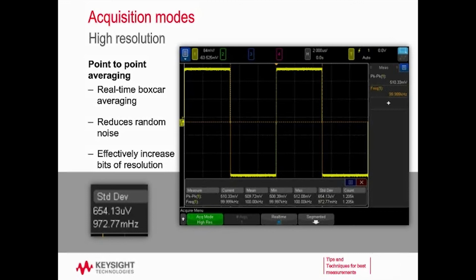For the frequency measurement, this standard deviation is about 972 millihertz. And if you think back to when we were measuring that 100 kilohertz clock signal in normal mode, we were getting about a standard deviation of 1.5 hertz. So using high resolution mode gives me about a 35% lower standard deviation on my frequency measurement. So high resolution mode can be a very useful tool for making measurements.